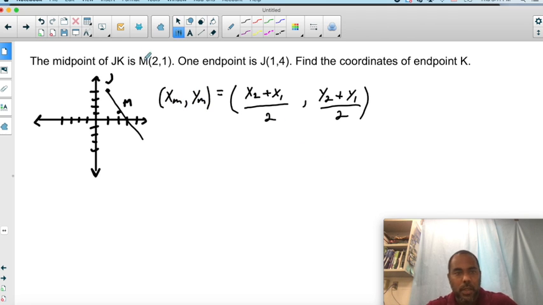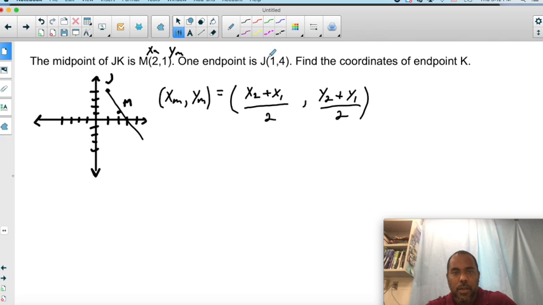So it's already told us what's going on here. Now I'm going to say that this M in the middle, that's going to be x of the middle, the 2, and the 1 is going to be y in the middle.